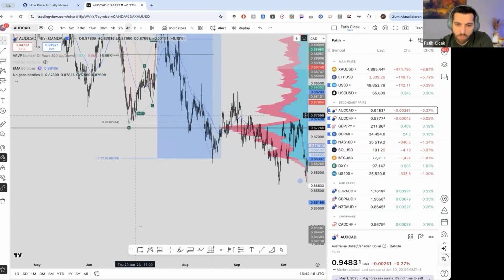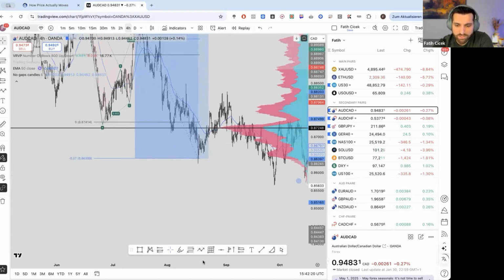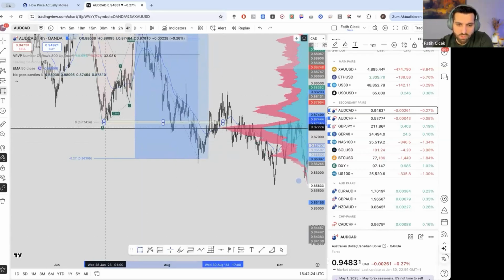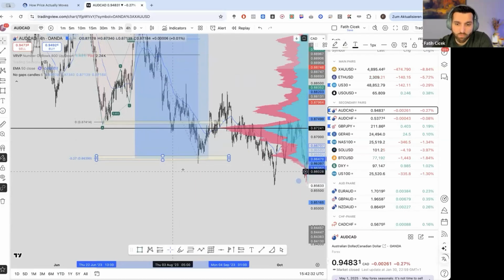Okay. It's going to give us a pullback. So I want to close all my positions here at this level, the take profit one, which is the previous low. And then my take profit two is going to be the Fibonacci extension of minus 0.27. All right, guys.